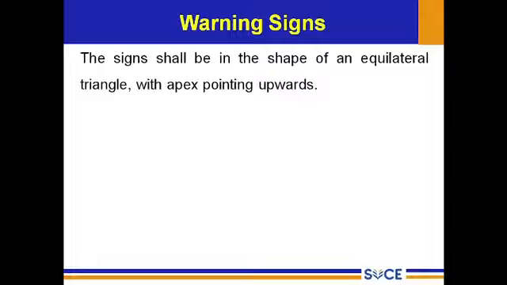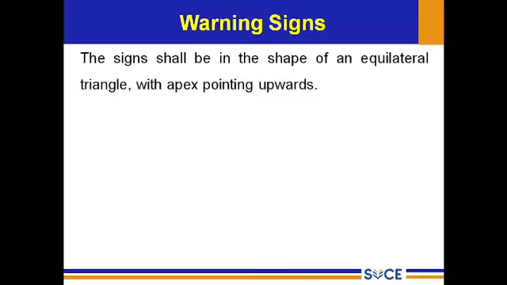The signs shall be in the shape of an equilateral triangle with the apex pointing upward. Only one signboard has the apex downward, the give way signboard, where the triangle's apex is in the downward direction.